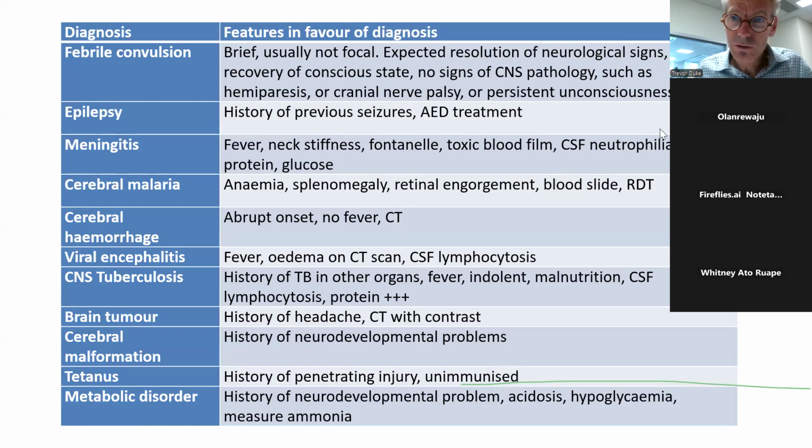I won't go through this table in all detail, but you'll be familiar with, in the WHO Hospital Care for Children book, there are tables of different clinical syndromes, such as a child with severe respiratory distress or a child who's got chronic cough. And there are tables of the likely diagnoses, which are all the ones I listed before.